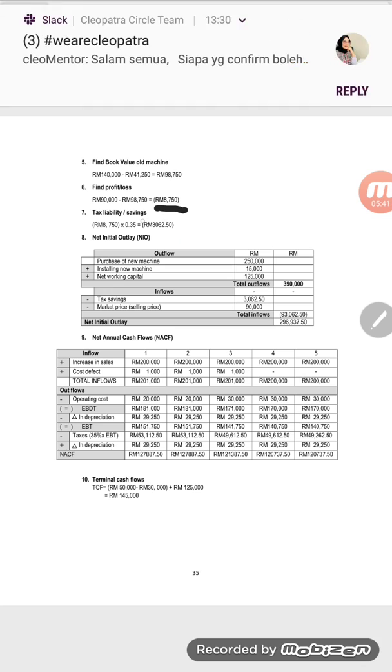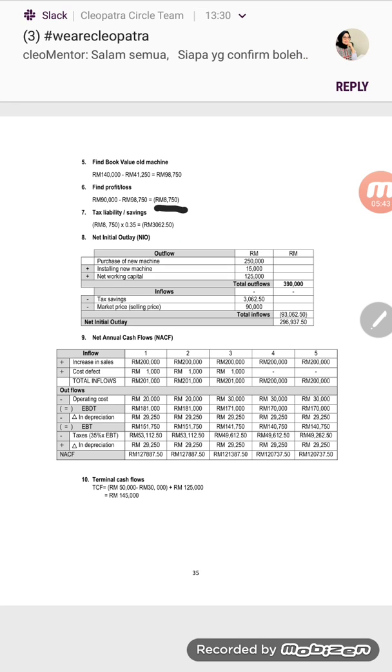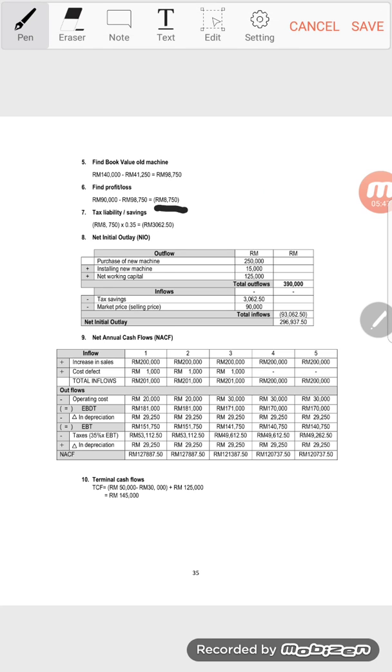Once you get all this information, now you can proceed to calculate the net initial outlay. So as usual, you have to refer to the guideline in the book, the guideline on items to be put in outflows and also inflows under NIO.